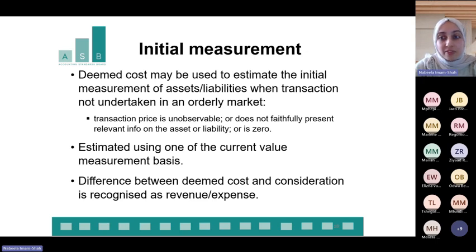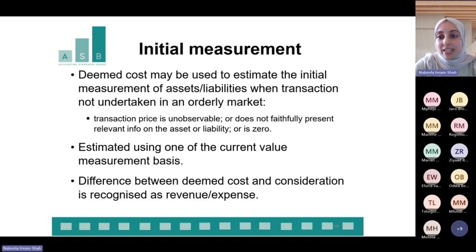Let's just go through some of the examples of when transaction price does not faithfully represent the asset or liability or is not observable for IPSAS 46. These instances are when the transaction price includes a concessionary element, an asset is transferred to the entity free of charge by a government or it is donated, a liability might be imposed by legislation or regulation, a liability to pay compensation or a penalty arises from an act of wrongdoing or a breach of contract.